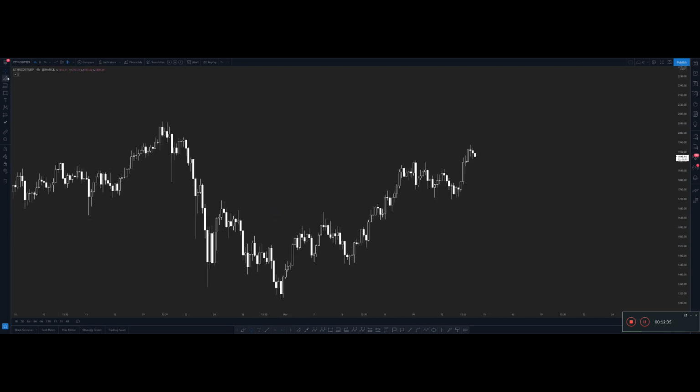So here you can see there was a significant top formed over here. There was a top formed here, and you can see this candle, this one over here. I'll just mark that candle for you guys.